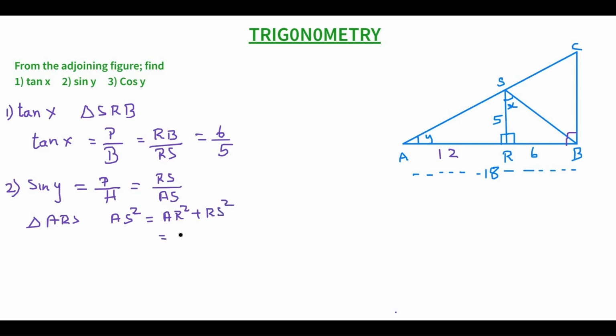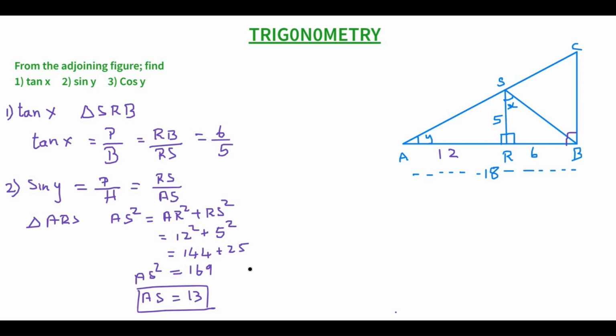AR is 12, so 12 square plus 5 square. 12 square is 144, 5 square is 25. So we get 169. So AS square is equal to 169. So AS equals the square root of 169, which is 13. Isn't it easy? We have found the value of AS using the Pythagoras theorem. So the value of this is 13.